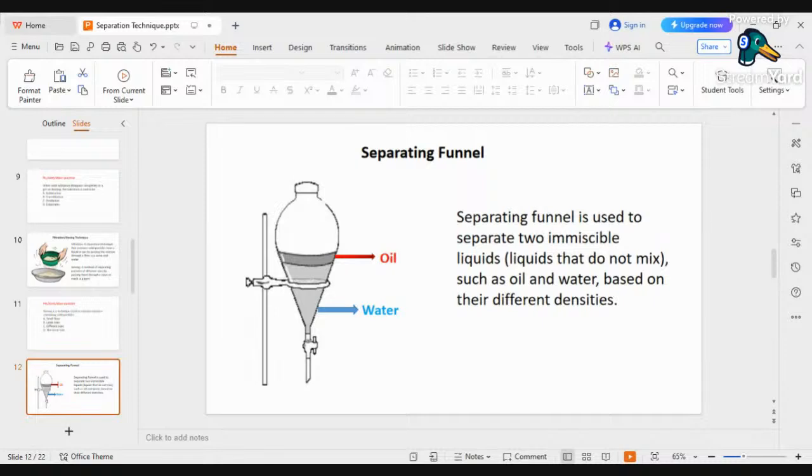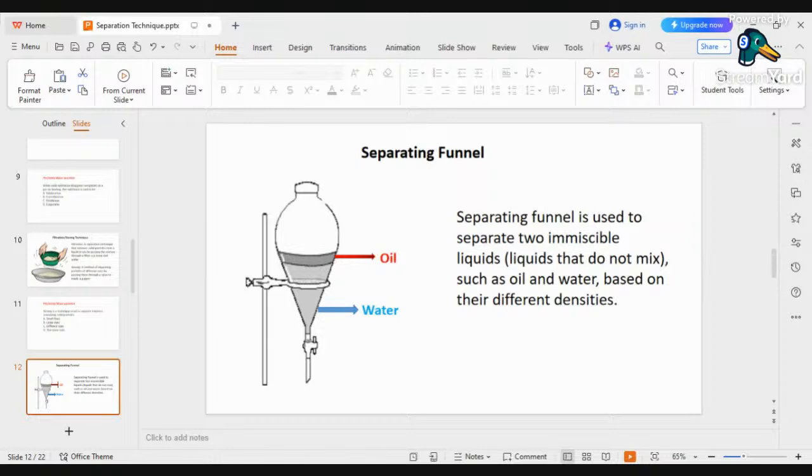When we say immiscible, they cannot mix. For example, we have red oil and water. In fact, all oils and water. Now, why can't they mix? It's because of density. One is heavier.